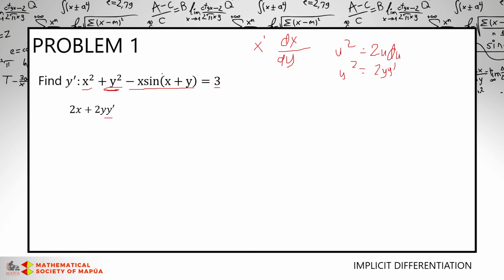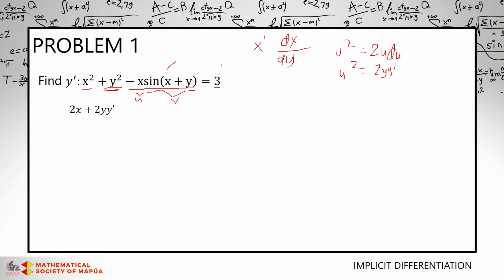And for this term, papansin natin, it's actually a product. So, we can use product rule. Wherein, ang u natin is yung x, ang v natin is sine of (x plus y). So, we can let this as u, we can let this as v. Okay, so for product rule, di ba?